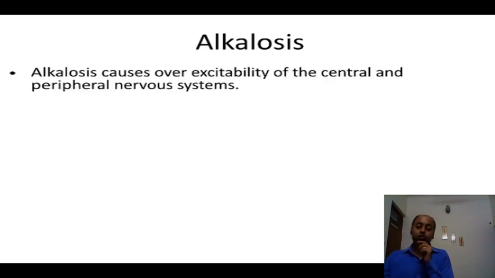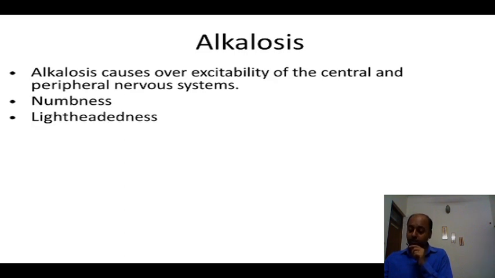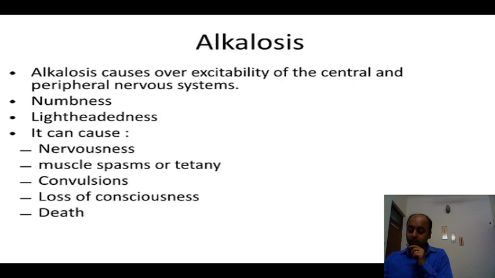Alkalosis causes overexcitability of the central and peripheral nervous systems, causes numbness, lightheadedness, nervousness, muscle spasm or tetany. This is one of the very important presentations. Convulsions, loss of consciousness, and death.